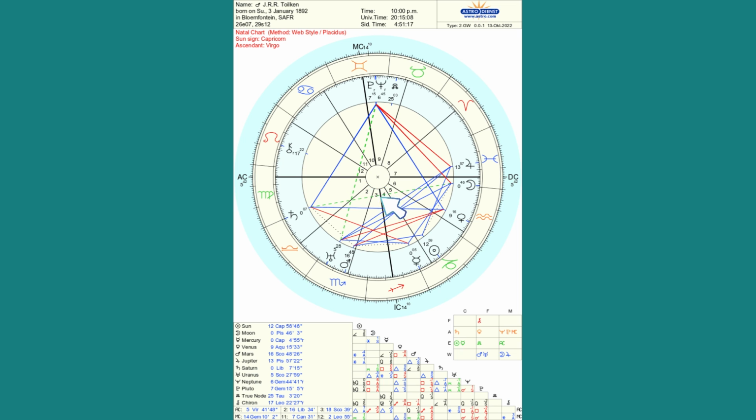So the first house is the first house. And then second, third, fourth, fifth, and again, where the arrow is pointing, you'll see the house number.